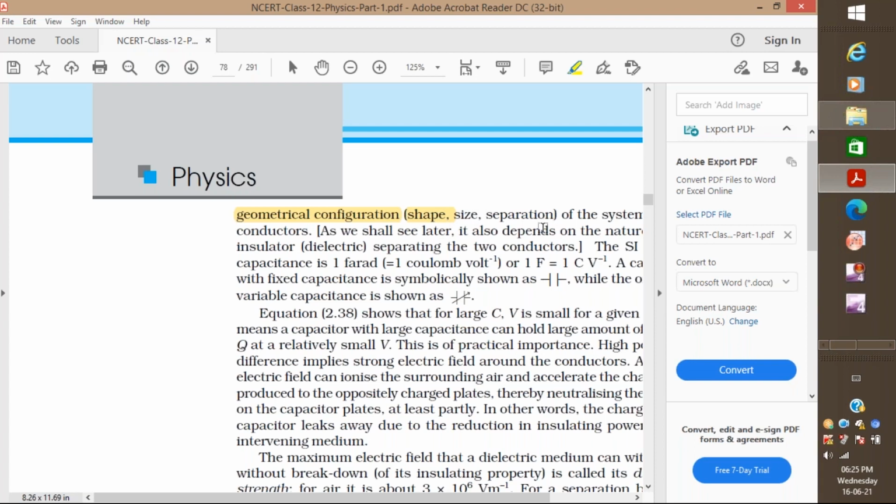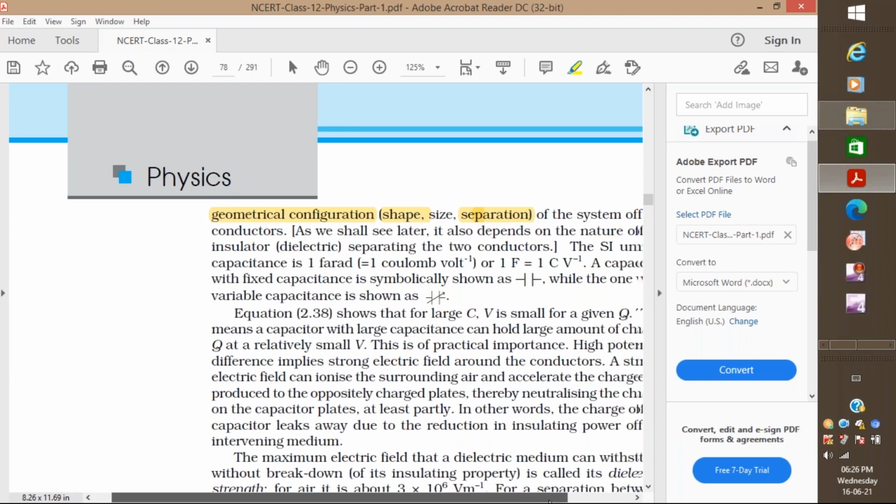All these parameters we'll be discussing in the next section, when we discuss the parallel plate capacitor. At that time we'll see that the capacitance of the capacitor depends only on the geometry.